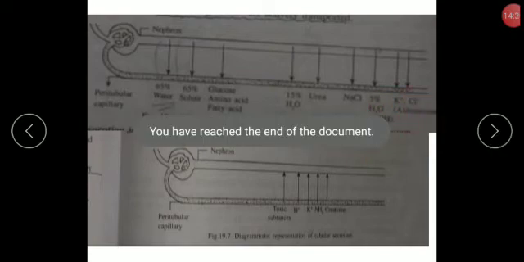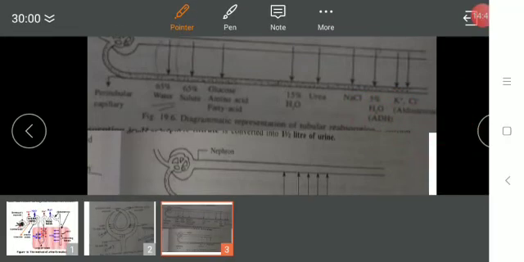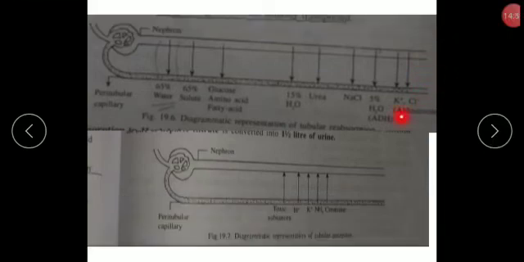PAHA is para-amino hippuric acid, along with toxic substances and even some of the drugs. Altogether, the secretion converts about 180 liters of nephric filtrate into 1.5 liters of urine.